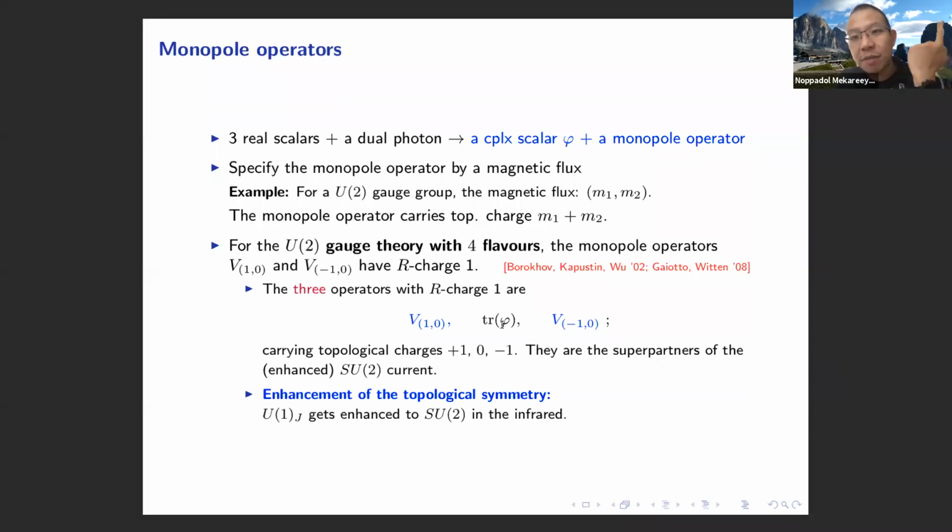So U(1)_J remains U(1)_J. Okay, thanks. So this is why I highlight these two in blue: in this case, because of 4 flavors, it has precisely R charge 1, and there are 3 operators that transform under SU(2). Okay. Yeah, thanks.